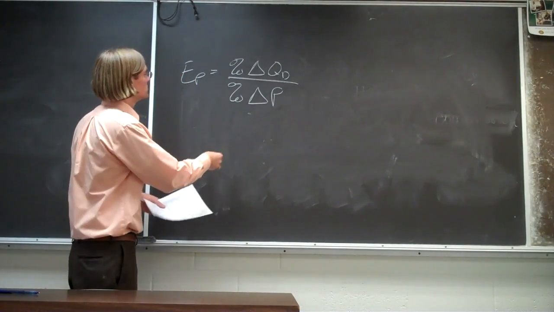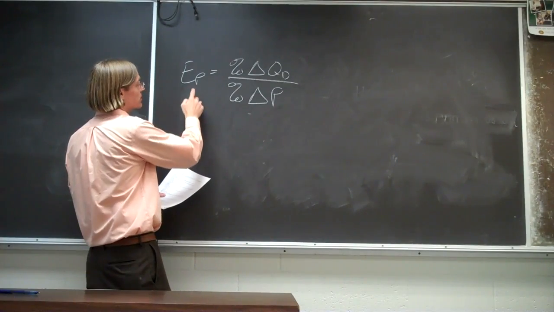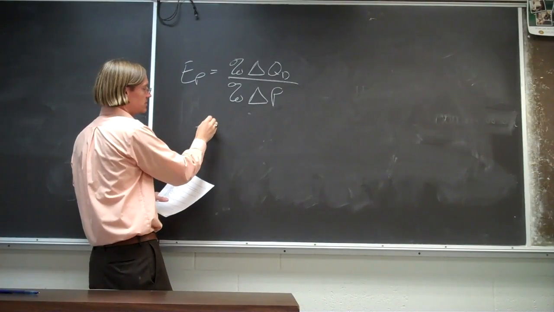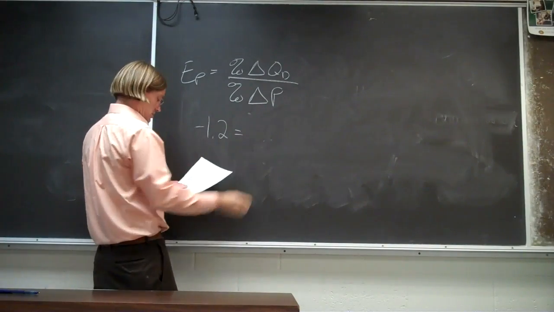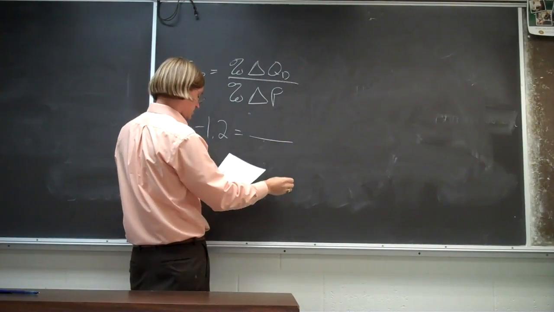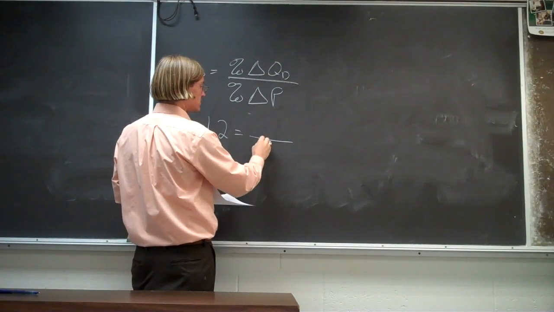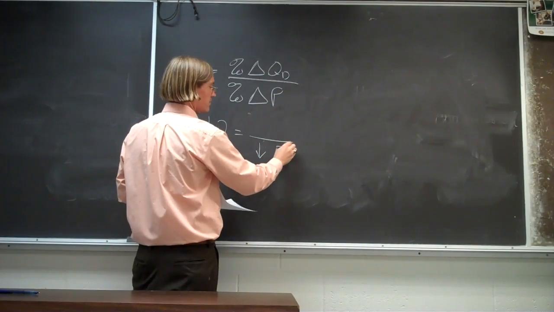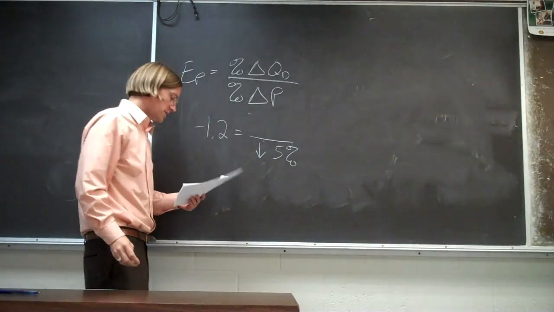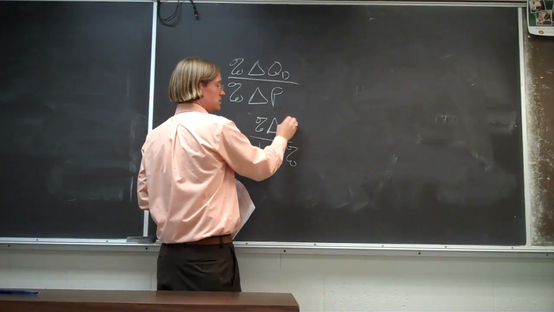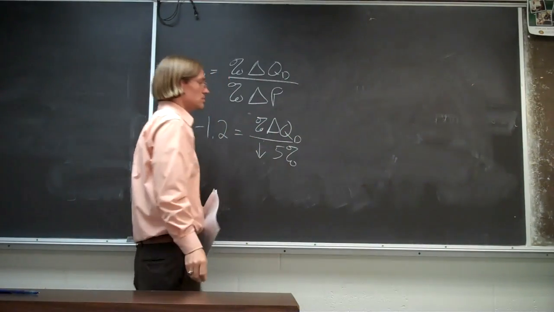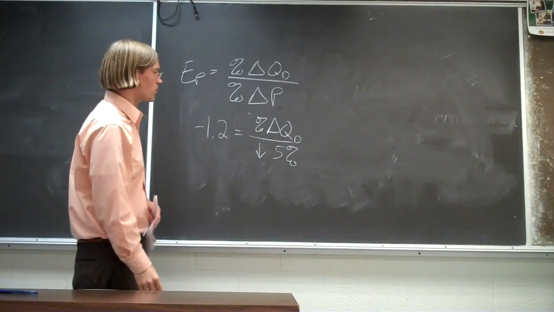For example, if the coefficient of own price elasticity was negative 1.2, and I gave you a change in the price, let's say the price decreased 5%, then what's the percent change in the quantity demanded? That's fairly straightforward.